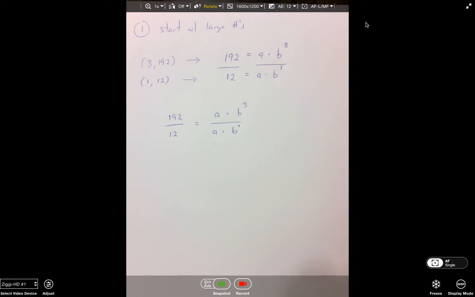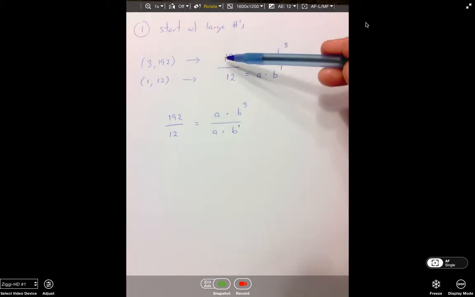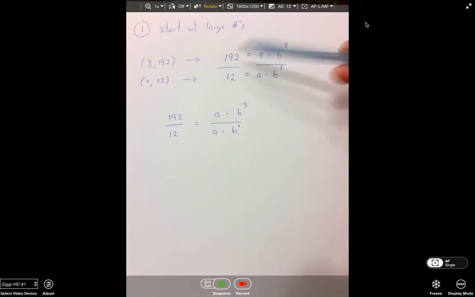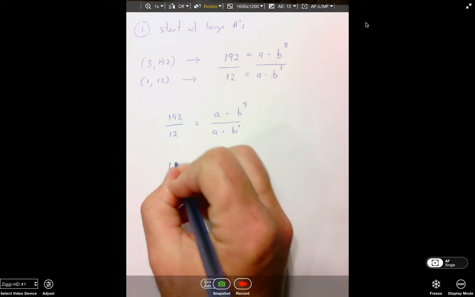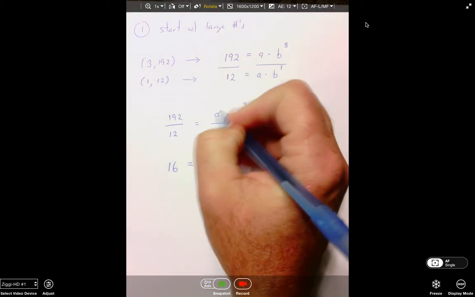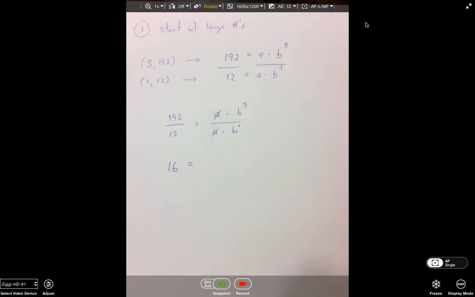Now, can I do that? Absolutely. If I have 2 things that are equal to each other, I can add to these sides, I can subtract from these sides, I can multiply these sides, or in this case I can divide these sides. So guys, I have 192 divided by 12, which is 16. These a's will cancel.